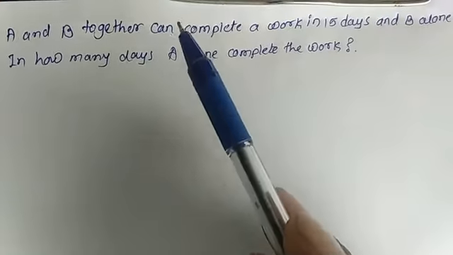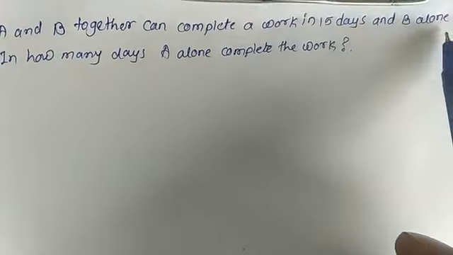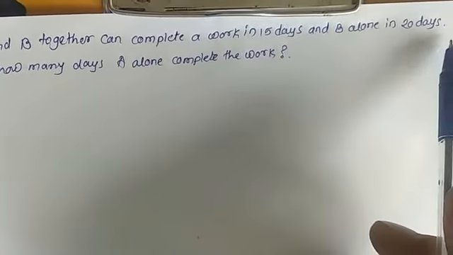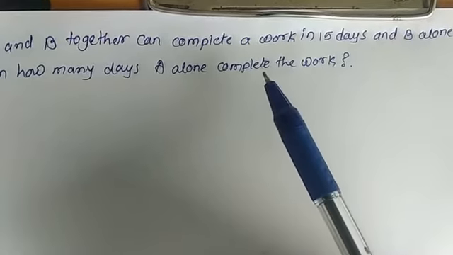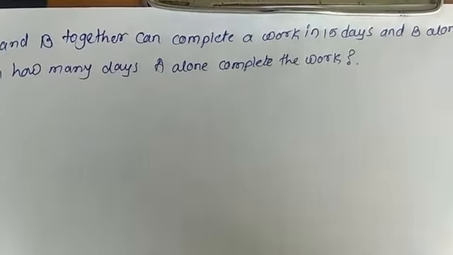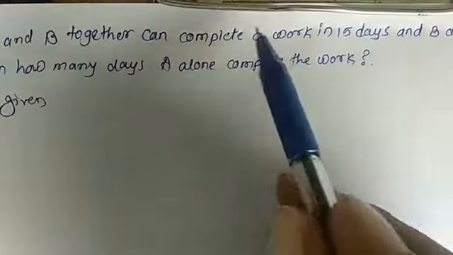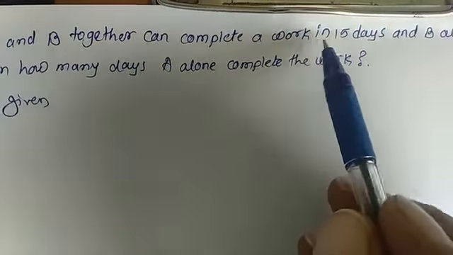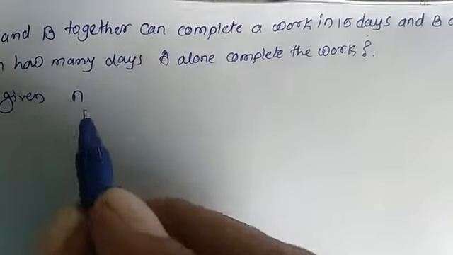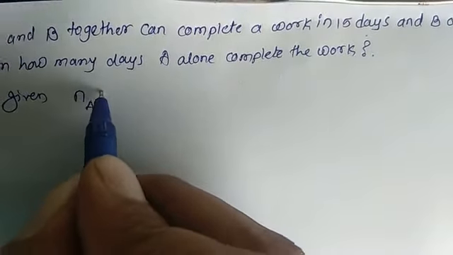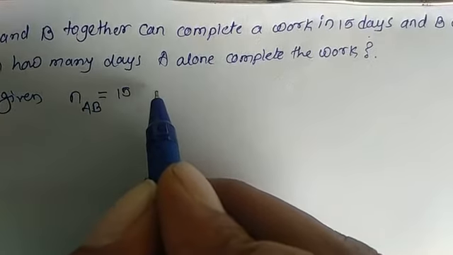A and B together can complete a work in 15 days and B alone in 20 days. In how many days can A alone complete the work? In the solution, it is given that A and B together complete the work in 15 days, so n_AB is equal to 15 days.